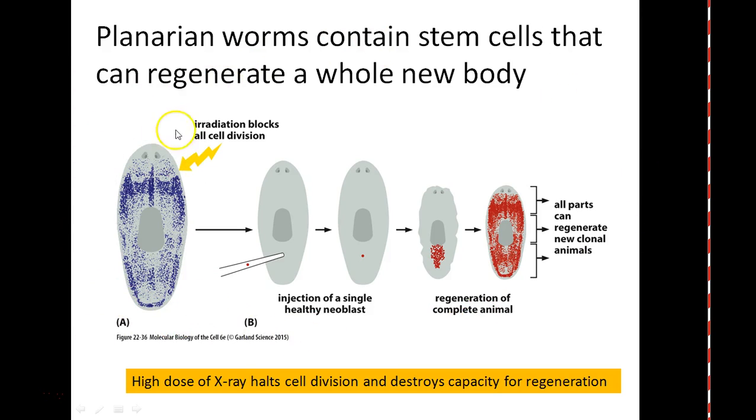So what they did, they took the worm, they exposed it to the X-ray irradiation, which pretty much killed all of the cells in the body. So they killed this worm. So here they have this dead body. And then they took a single cell from a healthy worm, they injected this single neoblast stem cell into this dead body, and over time, this cell was able to proliferate, differentiate, and pretty much restore a normal, healthy, functional organism.